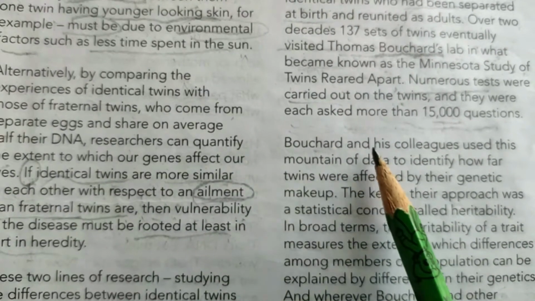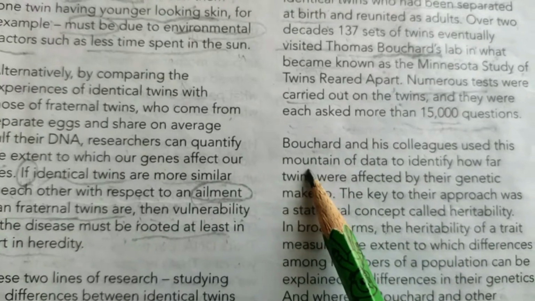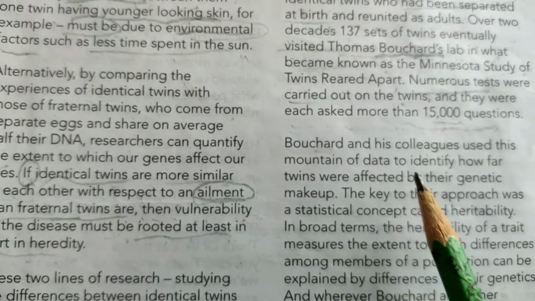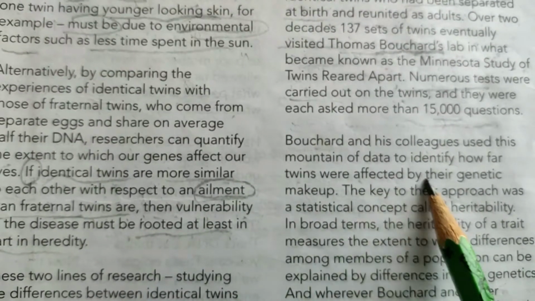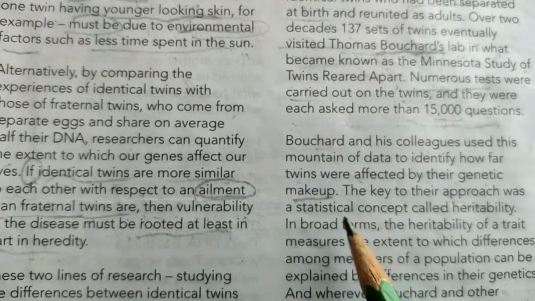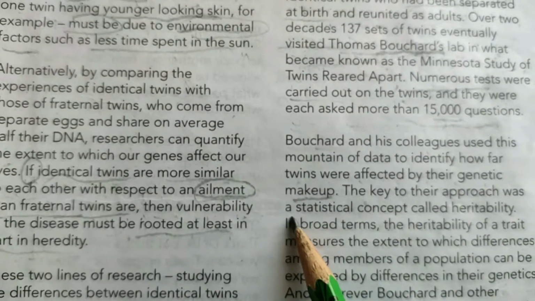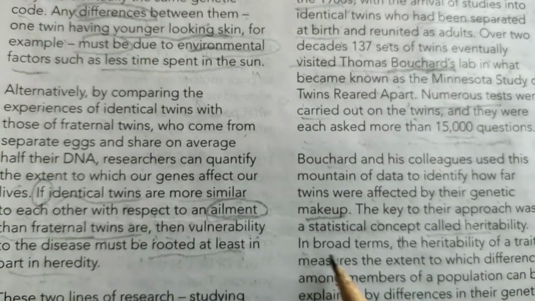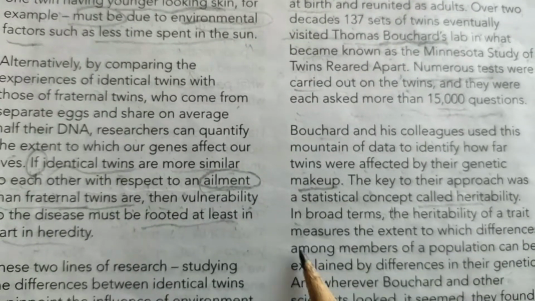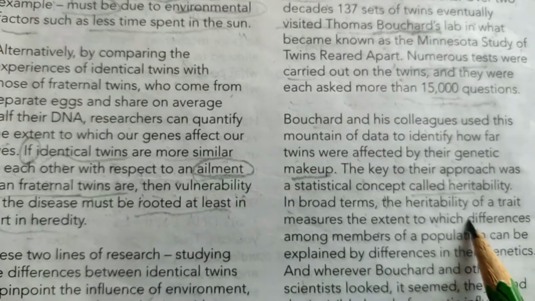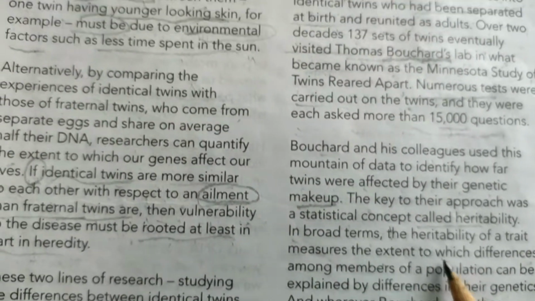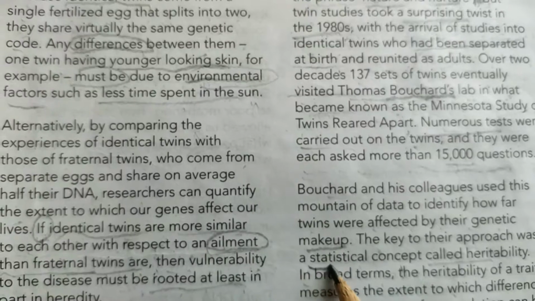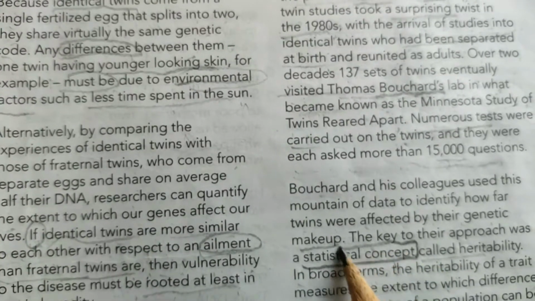Bouchard and his colleagues used this mountain of data to identify how far twins were affected by their genetic makeup. The key to their approach was a statistical concept called heritability. In broad terms, the heritability of a trait measures the extent to which differences among members of a population. Till here we got an important phrase: statistical concept.